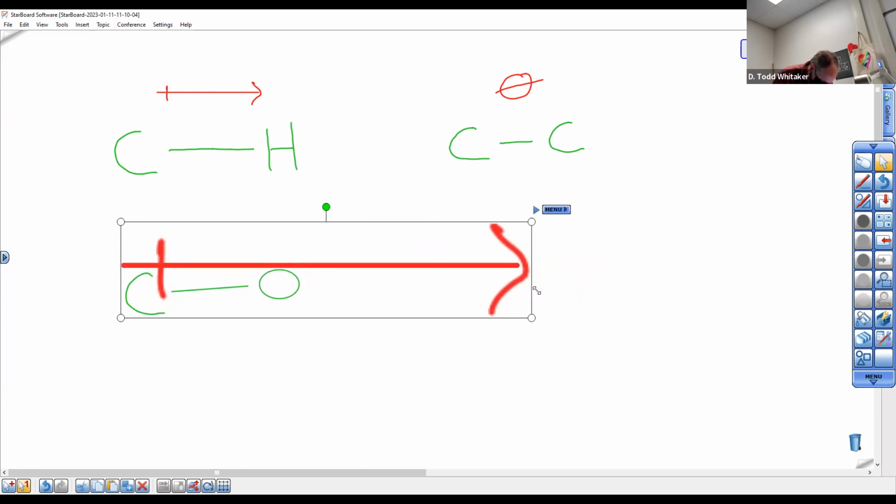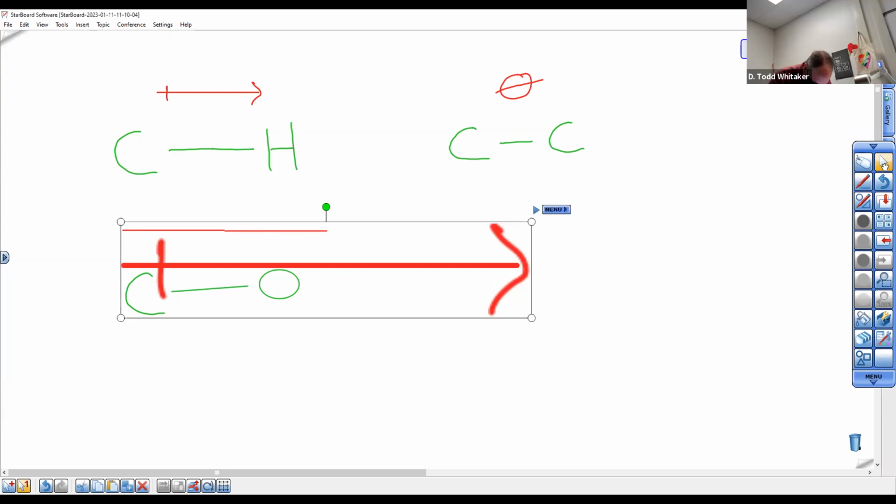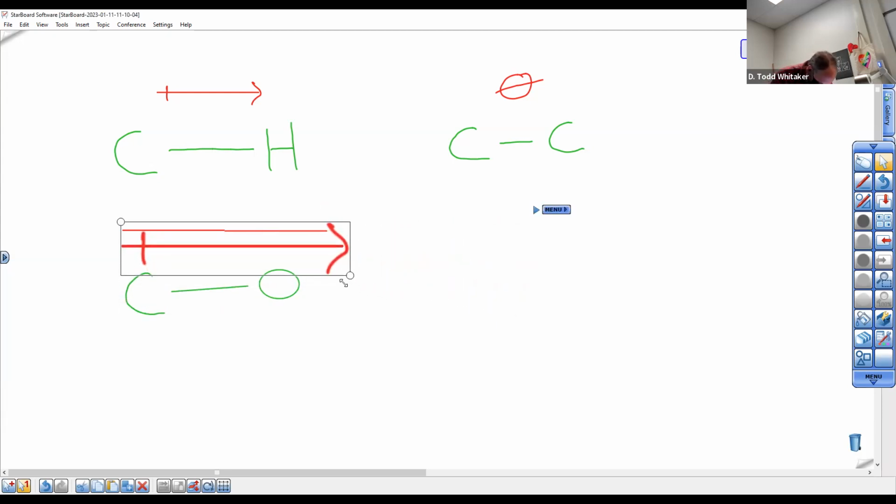All right. May have exaggerated it. Copy, paste. It's not moving, I'm sorry. There's two of them. Yeah, this guy's too big. But not much.